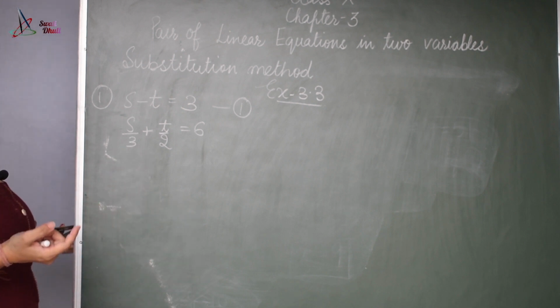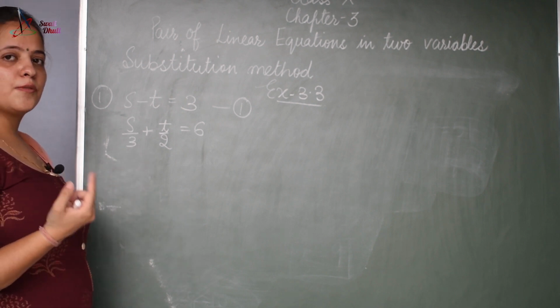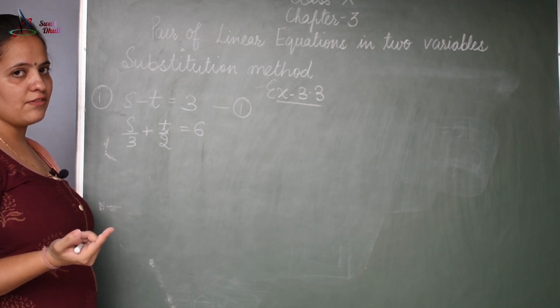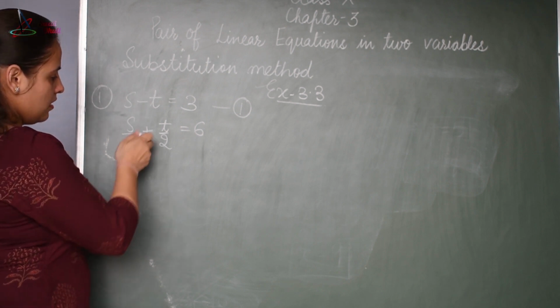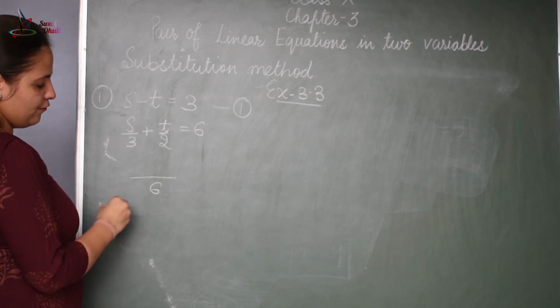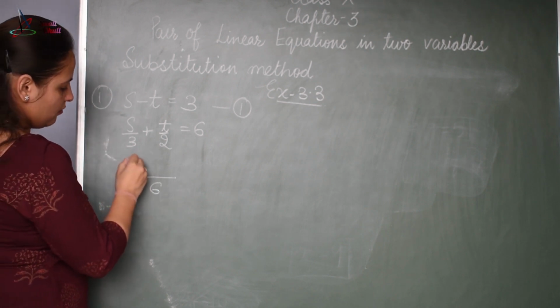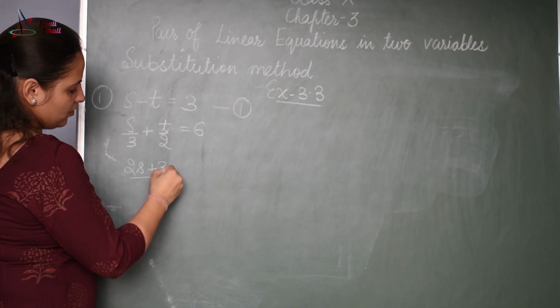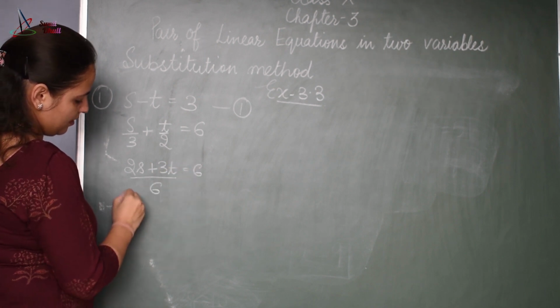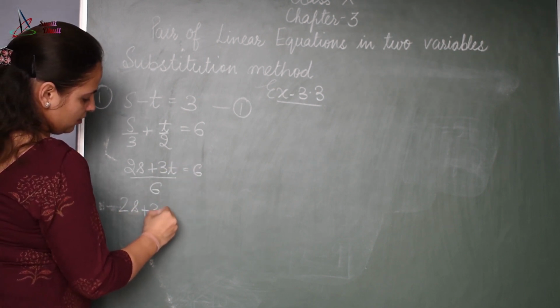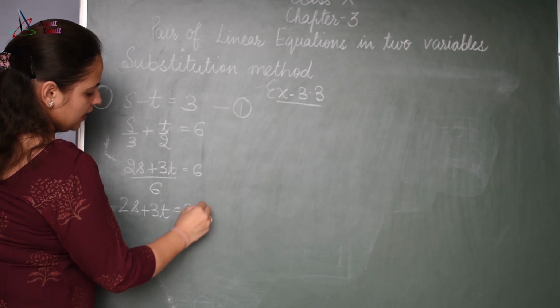That is, standard form of linear equation is a1x plus b1y plus c1 is equal to 0. So we can find out the standard form. LCM will be 6. So this will be 2s plus 3t is equal to 36.